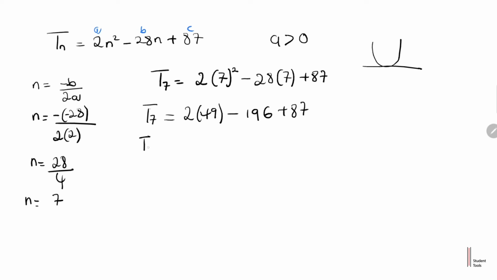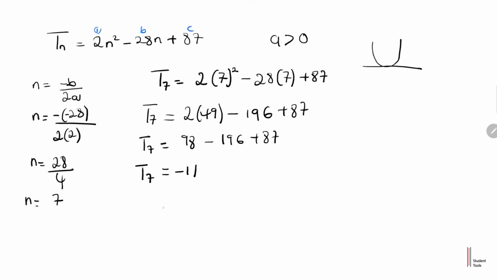Term number 7 is equal to 2 multiplied by 49, that is 98, minus 196 plus 87. So what is term number 7? That is 98 minus 196 plus 87. I will punch that on my calculator. Alright, so that's negative 11.